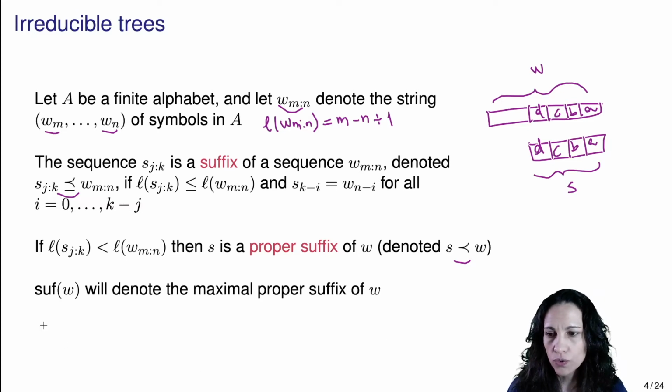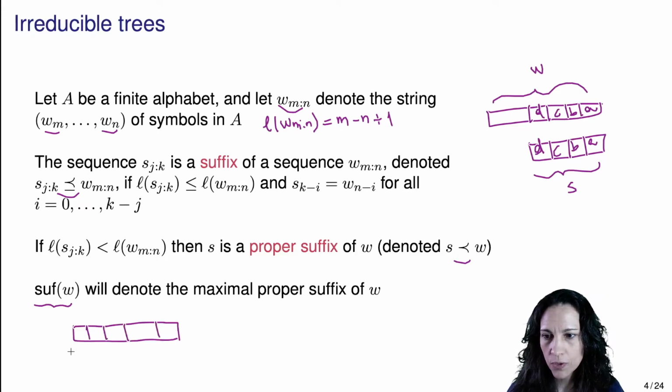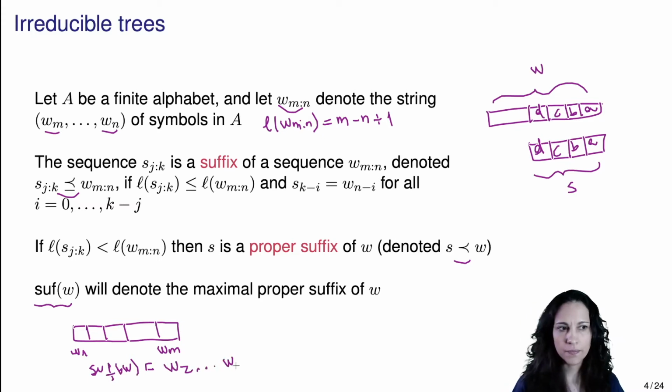We also use the notation suffix of W to denote the maximal proper suffix of W. So if we have a sequence W_1 until W_m, then suffix of W is simply the sequence from W_2 until W_m. Okay?